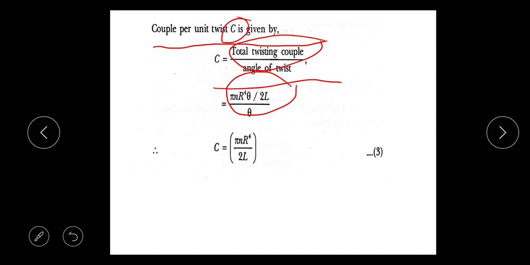Cancelling theta, we get couple per unit twist C is equal to pi N R to the power 4 divided by 2L, where N is the rigidity modulus, R is the radius of the cylinder, L is the length of the cylinder. So this is an important expression for couple per unit twist for a cylindrical rod.